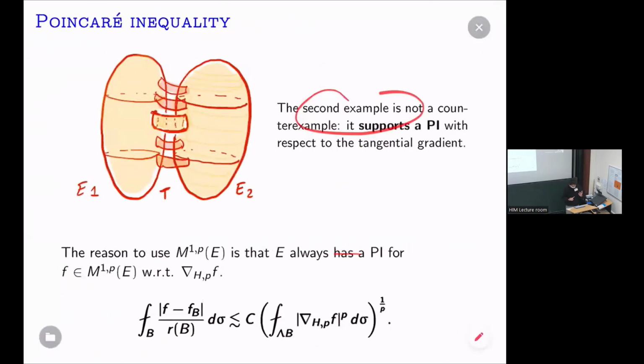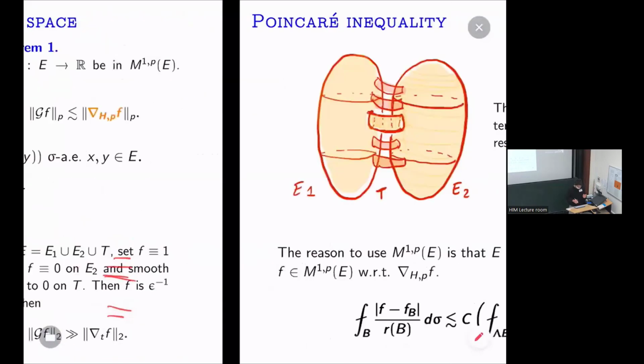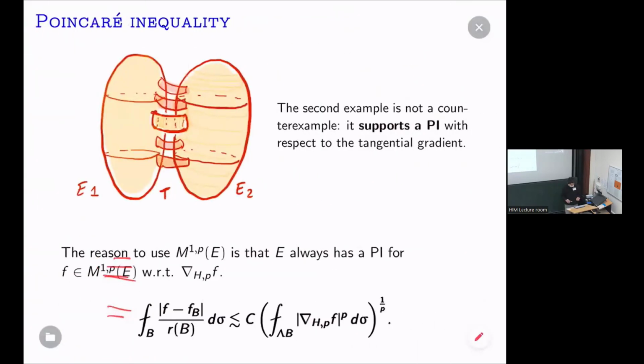And so this is the reason why we use the Hajłasz-Sobolev space, because the nice thing about them is that any function in the Hajłasz-Sobolev space satisfies a Poincaré inequality with respect to its upper gradient, regardless of the space. So in a sense, if we go back here, a function in the Hajłasz-Sobolev space will build itself its little bridge, and so it will satisfy a Poincaré inequality.